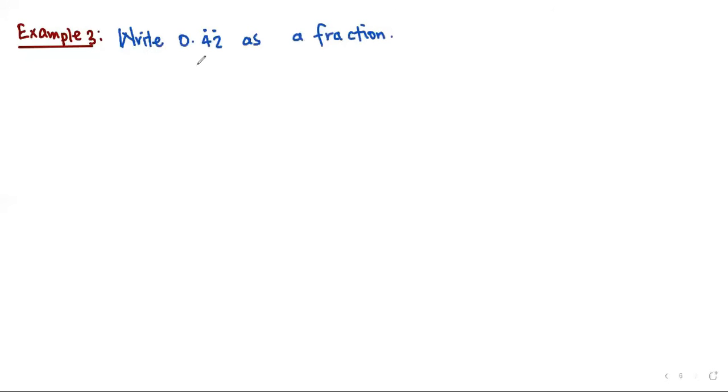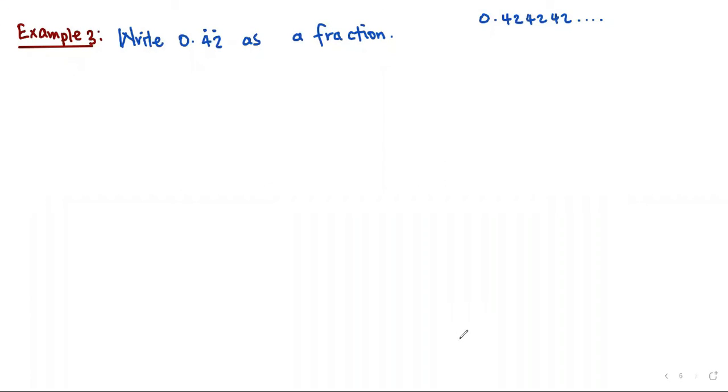So we are having 0.42 with 42 repeating. So it's like we have 0.424242 repeating. So this is what we need to write as a fraction.